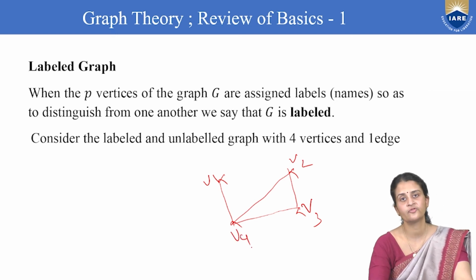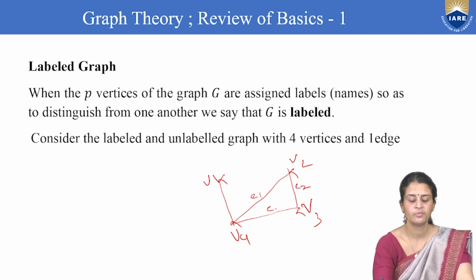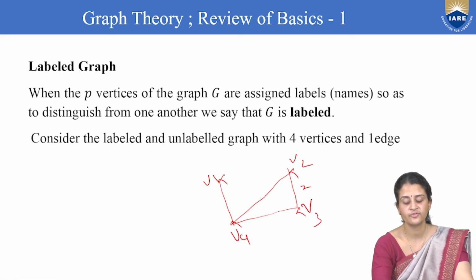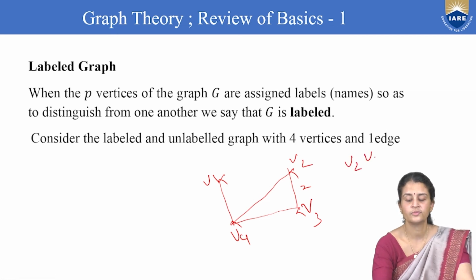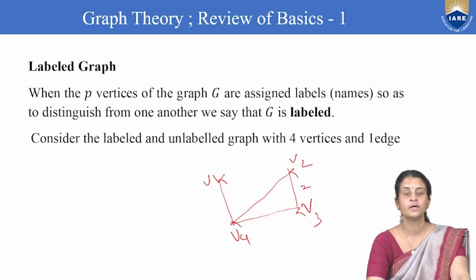Now it is a labeled graph. Even if I don't give names to the edges, it is a labeled graph, because we can differentiate them. If it is E1, okay, or else we can call this edge V2V4. So if the vertices are named, then it is a labeled graph.